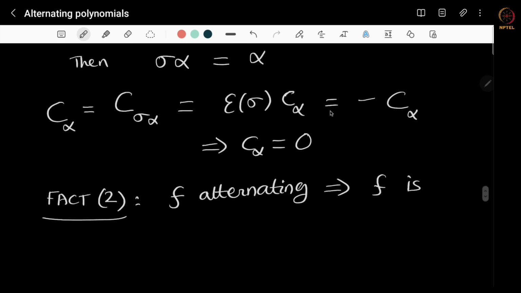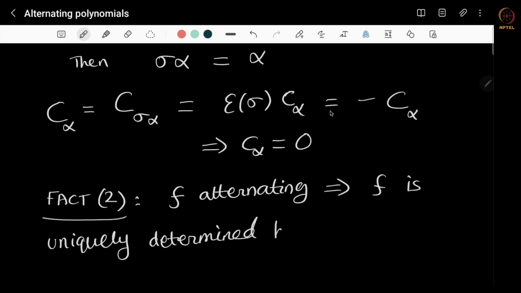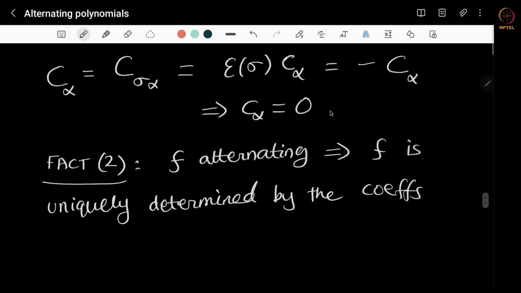I already know that many of them must be 0, the ones where the multi-indices are not distinct. But if f is alternating, it's enough to know that f is uniquely determined by its coefficients C alpha.